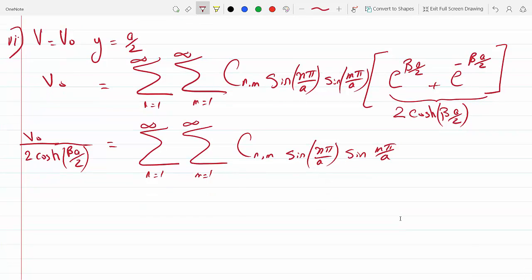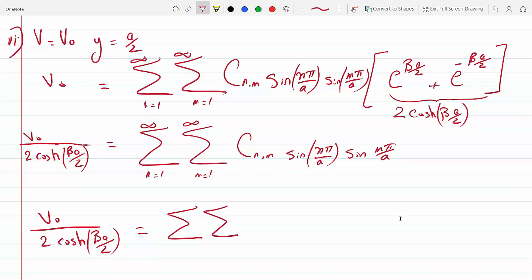So what I'm gonna do now, let me rewrite this. v0 over 2 cosine hyperbolic beta a over 2 equals some double sum c n m, n equals 1 to infinity, m equals 1 to infinity.